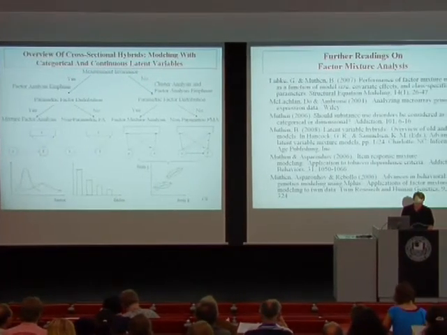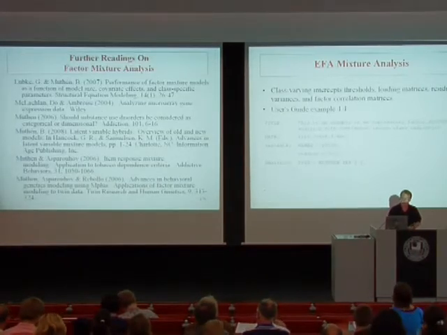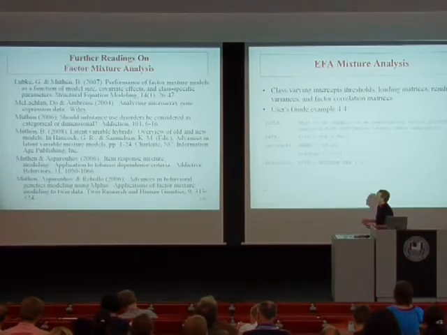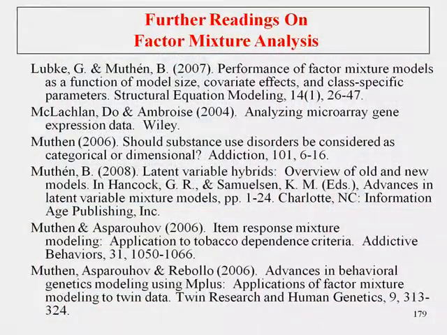And if you want to read about this, you have a series of papers. There's a microarray book, and in addition to the McLachlan-Peel book, there's a specific microarray book that deals with factor mixture analysis.